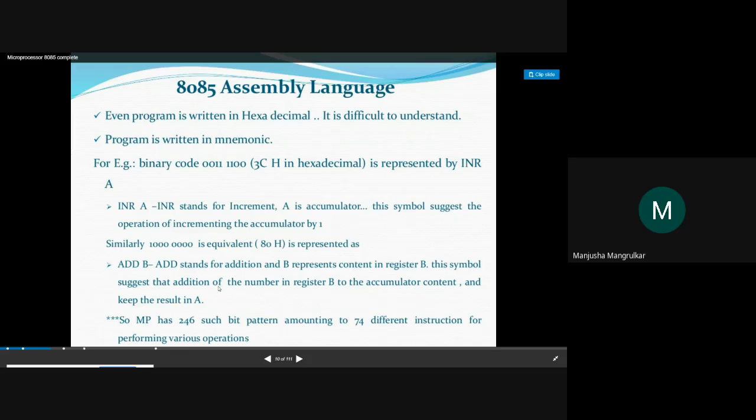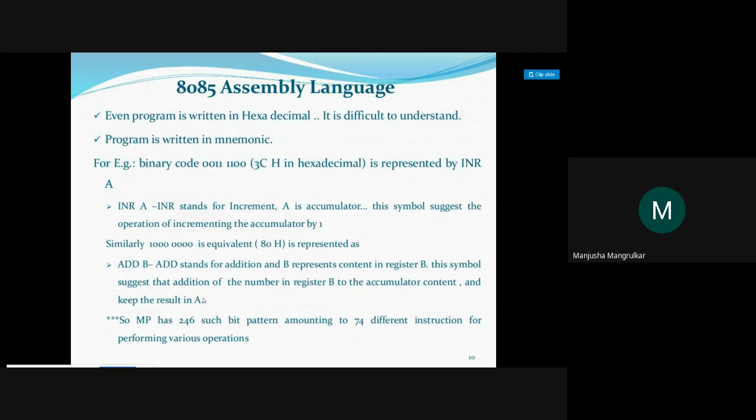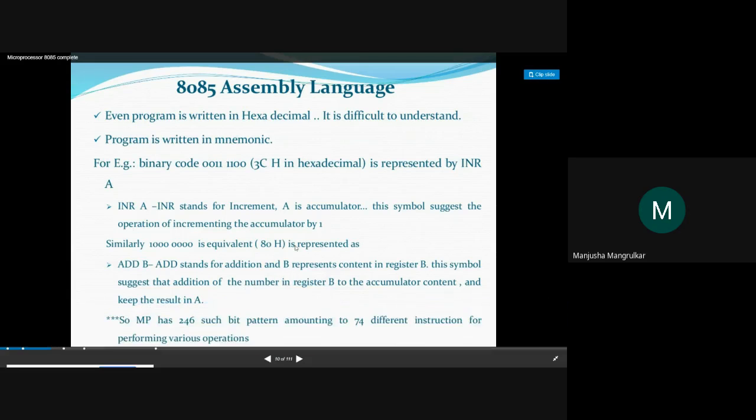This symbol suggests the addition of the number in register B to the accumulator, keeping the result in A. The microprocessor has 246 such bit patterns amounting to 74 different instructions for performing various operations. We are going to study that. So instead of binary machine language, it is converted into hexadecimal form, and that is converted into mnemonics for us to understand.